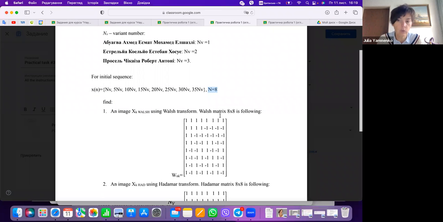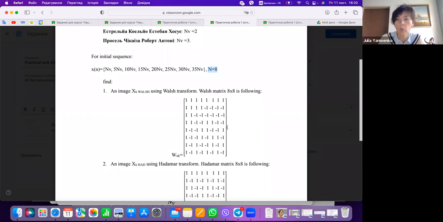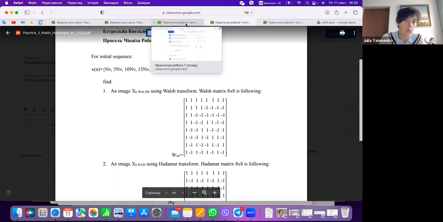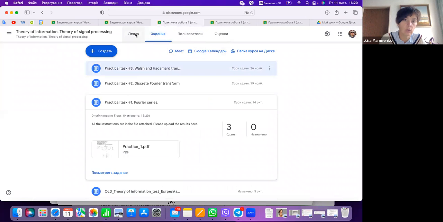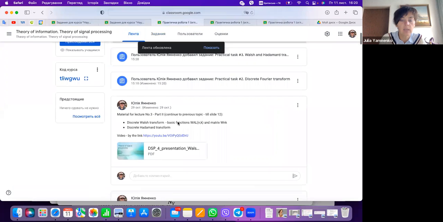That's why you have to use only one dimension of matrix, 8 by 8. You cannot use any other matrix with another dimension, only this. And here already there is a Walsh matrix 8 by 8, so no problem just to calculate it. I would like also to show you how to do this.